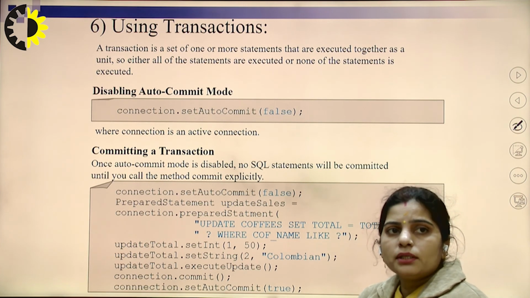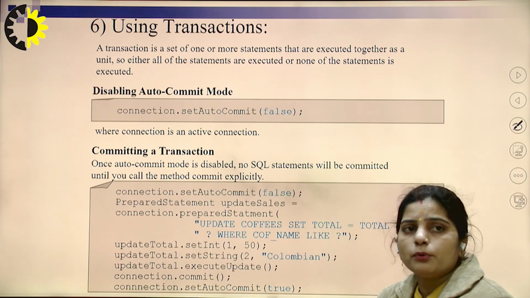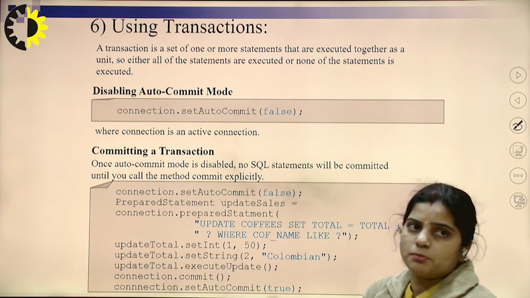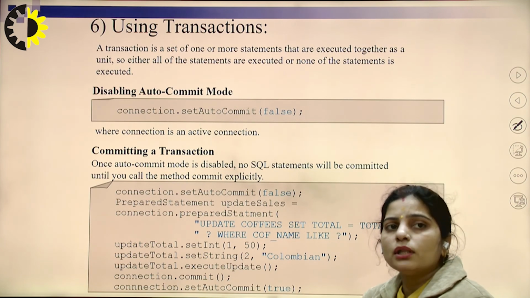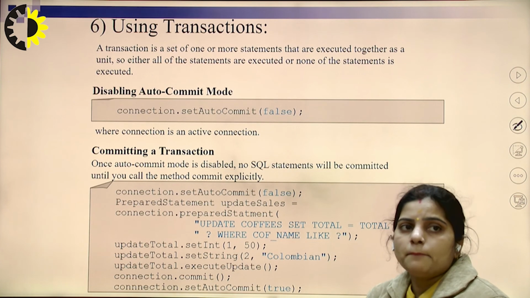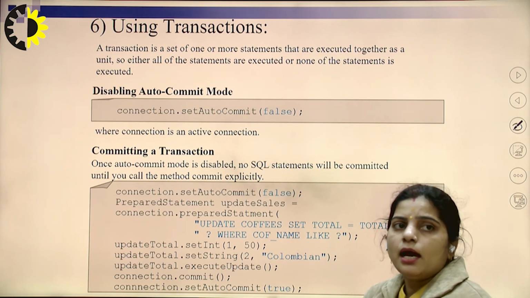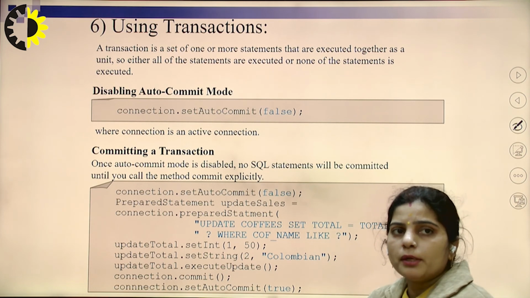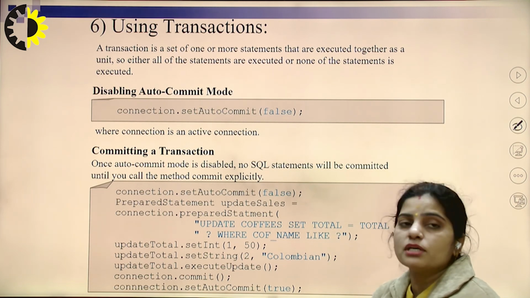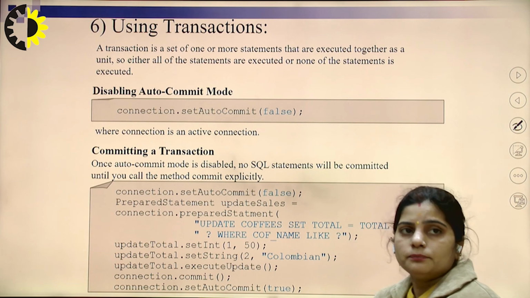Now, how to commit the transaction? Once auto-commit mode is disabled, no SQL statements will be committed until you call the method commit explicitly. Otherwise, if auto-commit mode is disabled, none of the SQL statements will be committed.